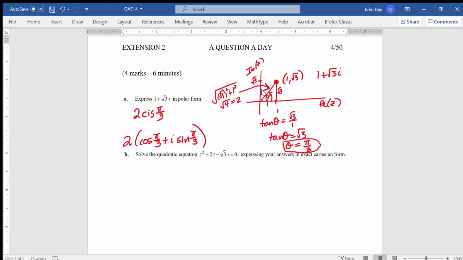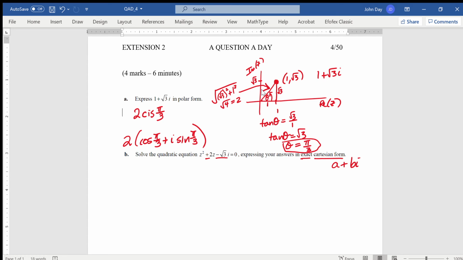Next one, we've got to solve this quadratic, which has complex coefficients, and we've got to give the answer in exact Cartesian form, which is like a plus bi, or x plus yi. So I'm going to use the quadratic formula. I could complete the square there.